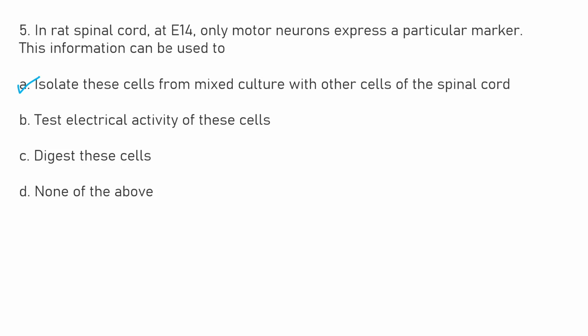So at any embryonic stage, or at any stage, it's written that these motor neurons are expressing a particular marker. Since they are expressing a particular marker, this information itself can be used to isolate these cells from mixed culture. And what will be the technique which can be used to exploit this information about this particular marker?